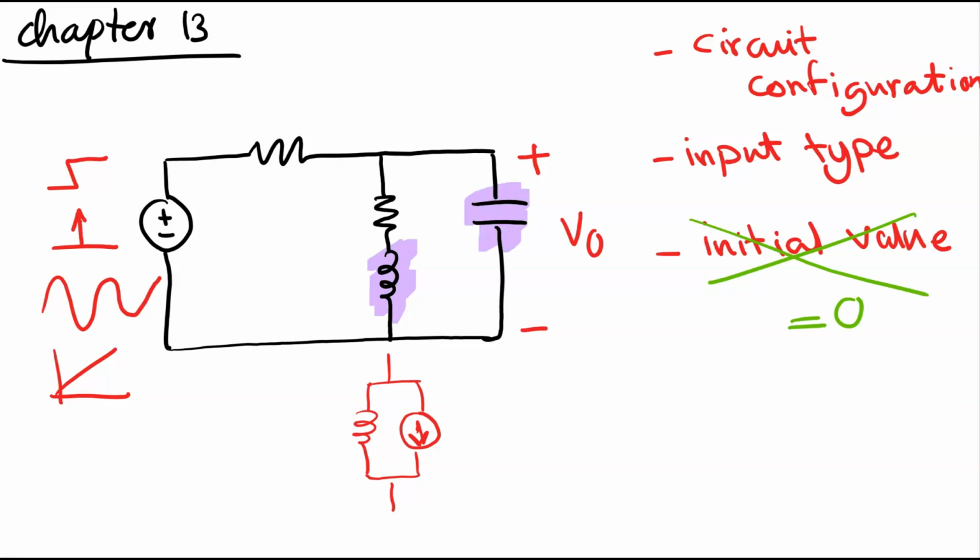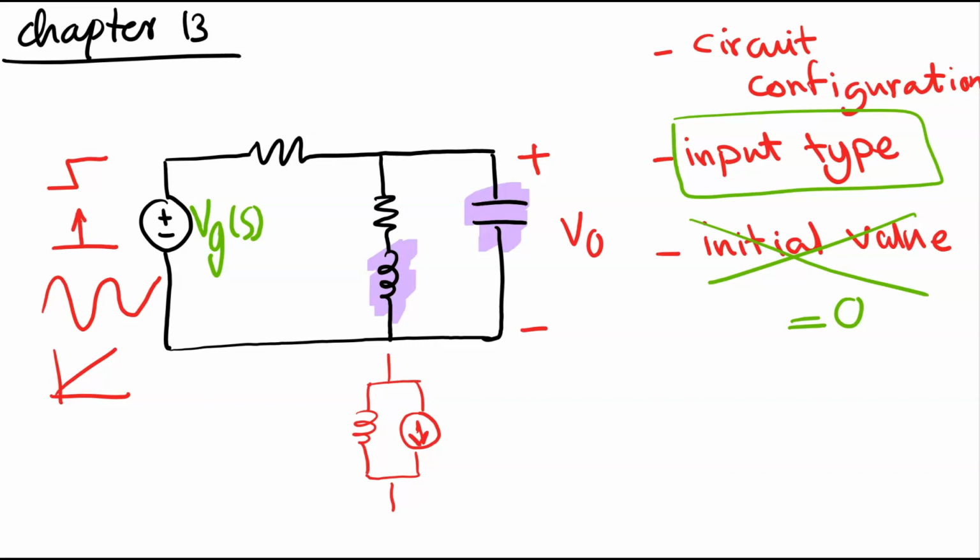And also, in order to make sure that we are not looking at the effect of the input as well, we will consider the input in its general form. So here, instead of describing my input with its exact function, I'm going to just describe it as VG of S. I just know that I have this particular input, and I don't want to specify the exact input type and parameters of the input.